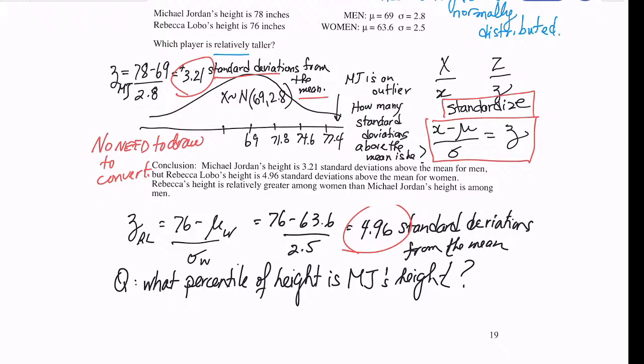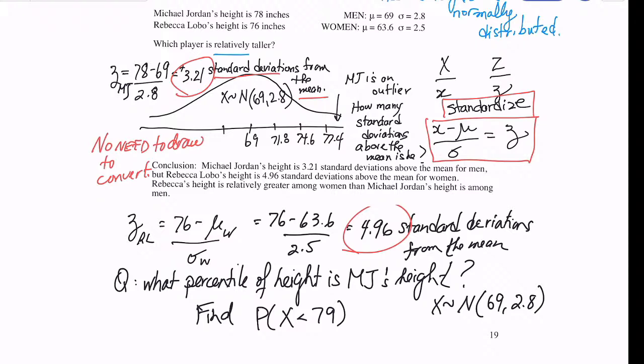So I'm asking you to find the probability that x, where x is the height of men, which is normal with a mean of 69 and a standard deviation of 2.8, find the percentile of 78.